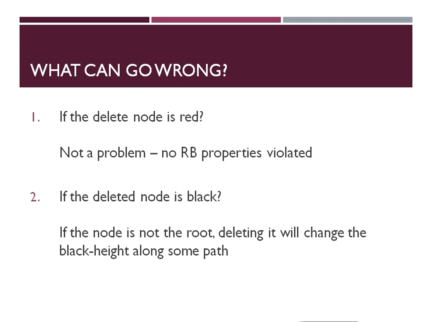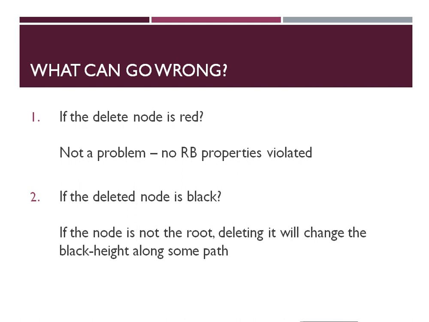Now just think about it, what can go wrong here? If you are deleting a node whose color is red, then you will not face any problem and no red black properties will be violated. But if the deleted node is colored as black, then in that case you have to perform a check.